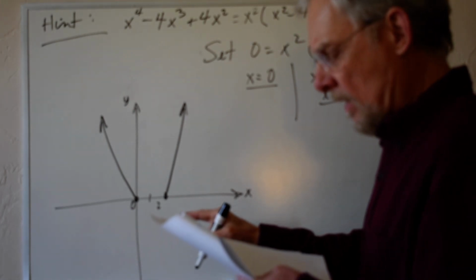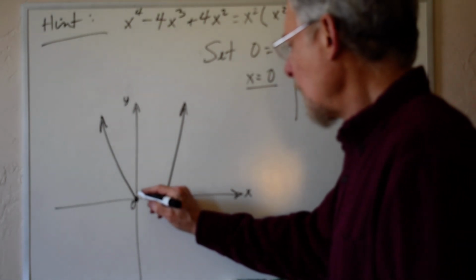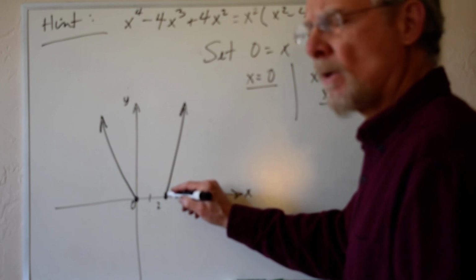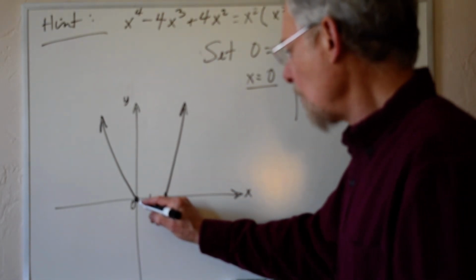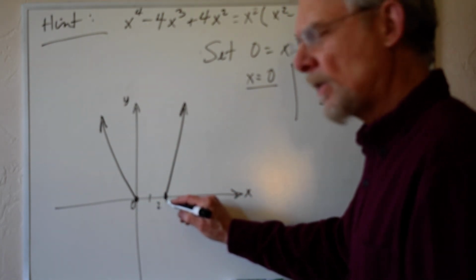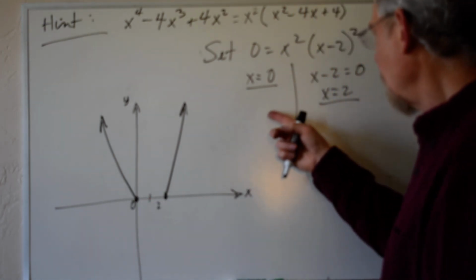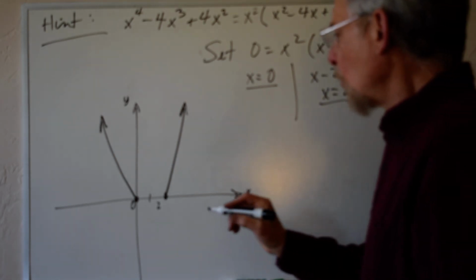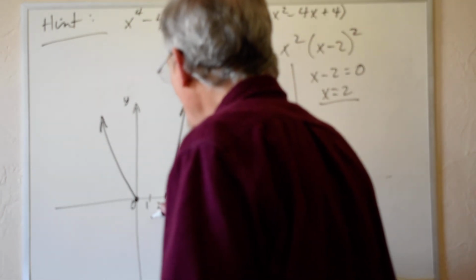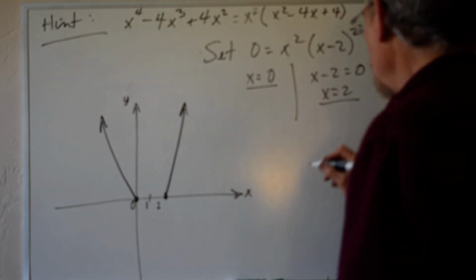And the remaining question is the hump over here above the x-axis, or is the hump going to be below the x-axis? I know we're not going to cross the x-axis in the middle here. We've run out of x-intercepts. So what I would do, I'd plug 1 into the function and see what I get.